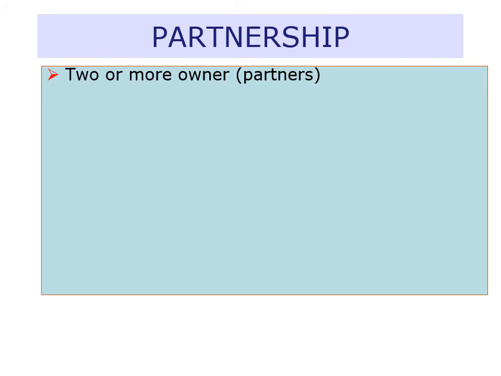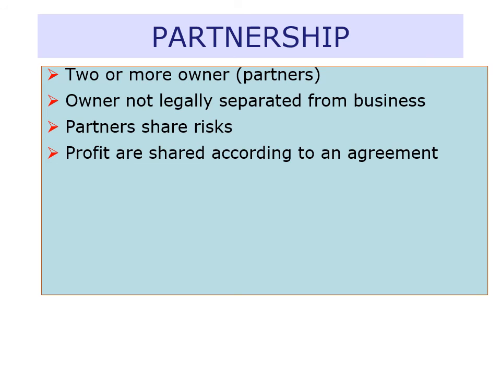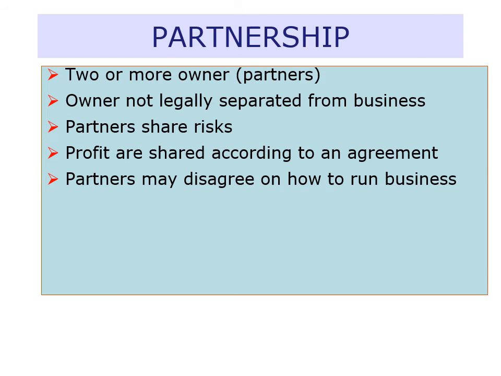Partnerships is two or more, and normally for general partnerships it is a maximum of 20. And the owner, same as the sole proprietor, is not legally separated from the business. And the partners will share all the risk, and the profit is shared according to the agreement.